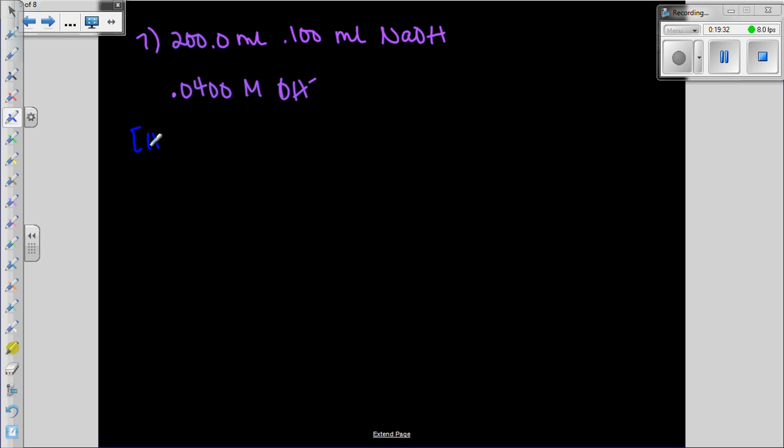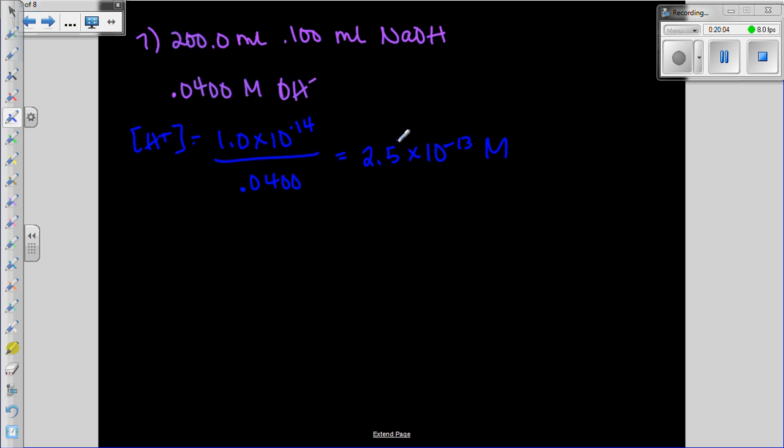Now I'm just going to calculate it a different way. To get the H plus concentration, I'm going to take Kw divided by the hydroxide ion concentration, and I get 2.5 times 10 to the negative 13th molar.